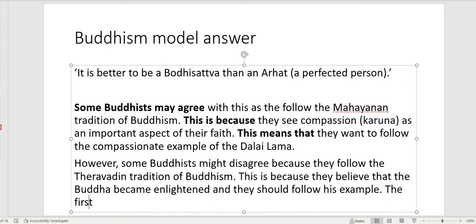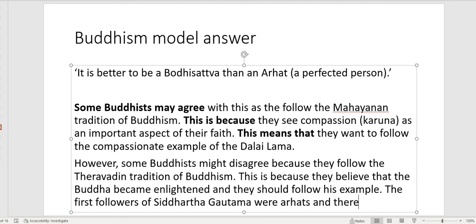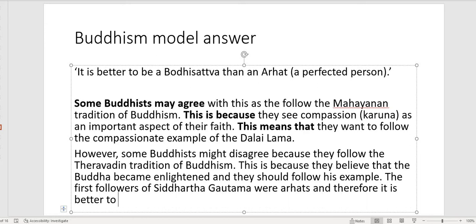The first followers of, what's his name? Let's use his name, shall we? Name drop. Siddhartha Gautama were arhats, and therefore it is better to be this than a bodhisattva.